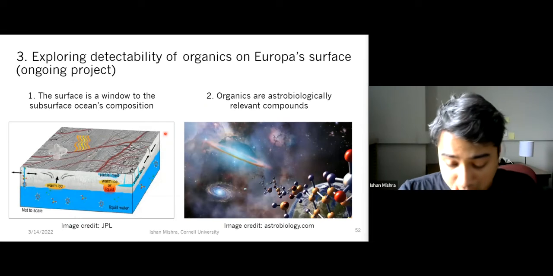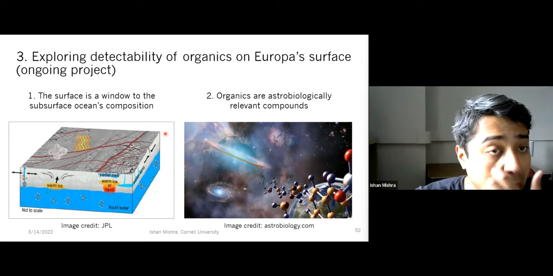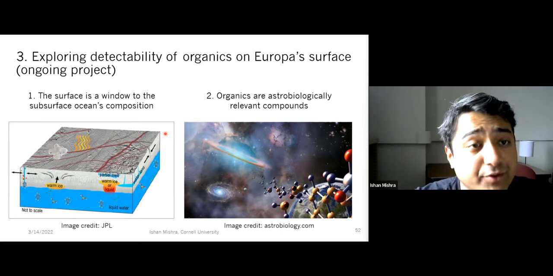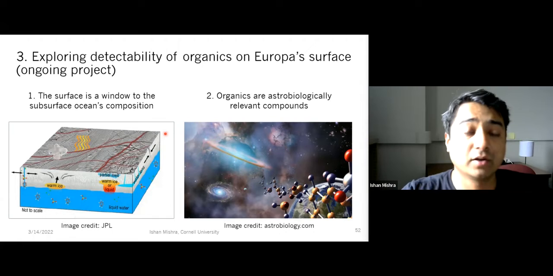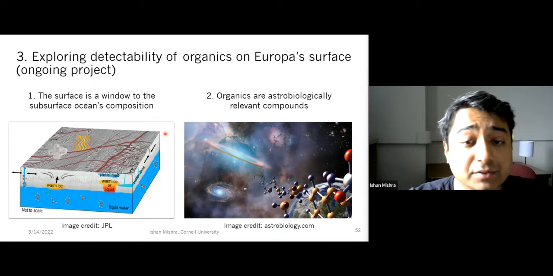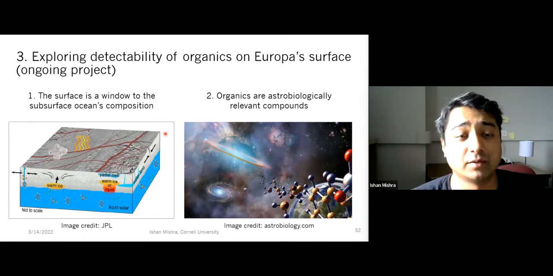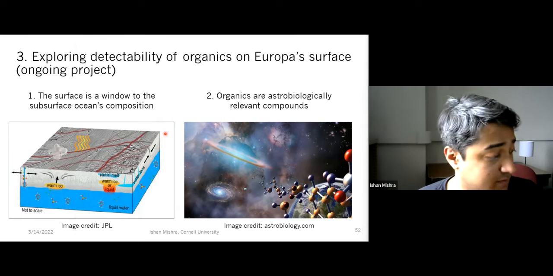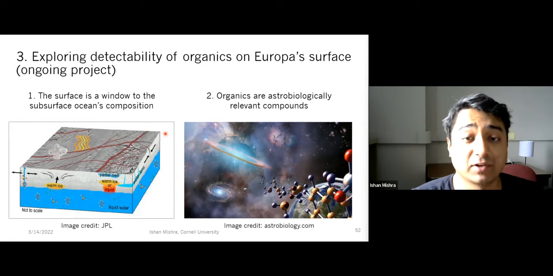So finally, I'll quickly conclude by talking about my current project, which is about exploring detectability of organics on Europa's surface. The idea of trying to constrain organics on Europa's surface was to basically try to constrain the organic content of the subsurface ocean, because organic matter is the raw material for life as we know it.